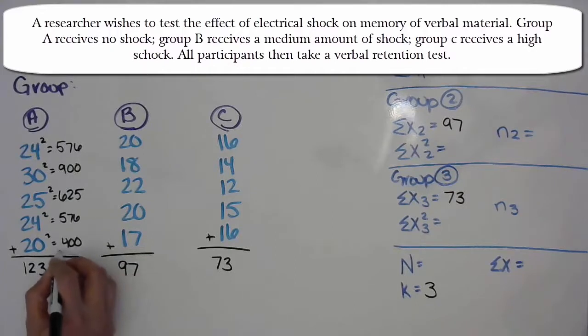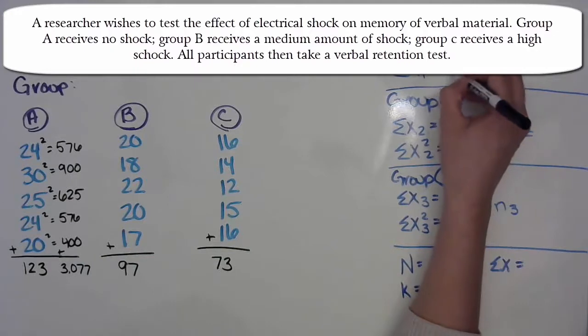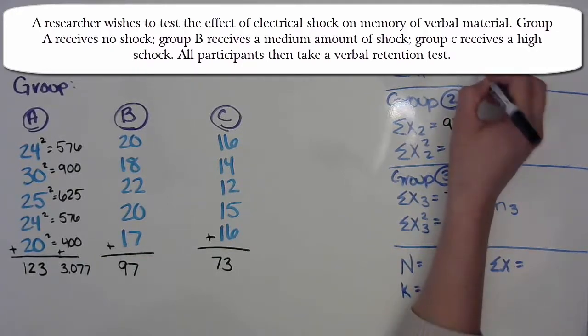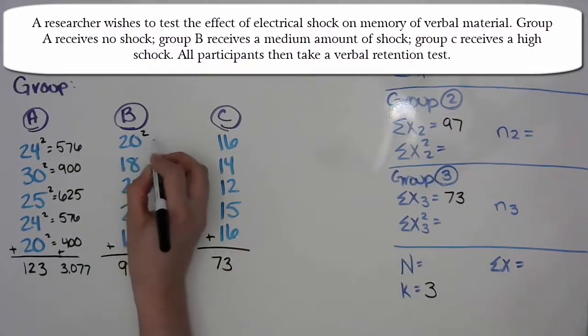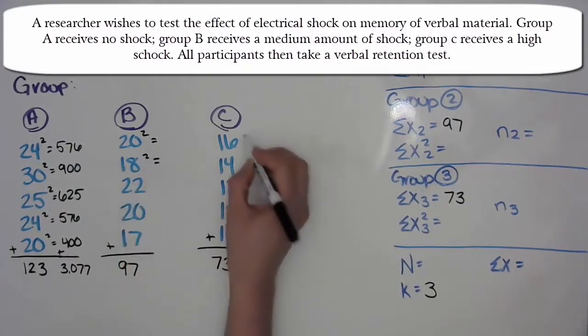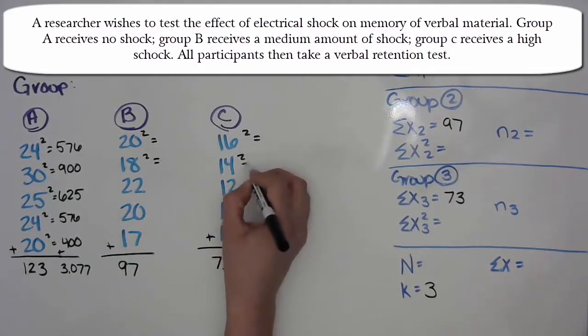Okay, so we're going to add all of these numbers up here, and when we do that, that is going to give us 3,077. So we're going to write that value here, 3,077, and we're going to do the exact same thing for all of these other groups.